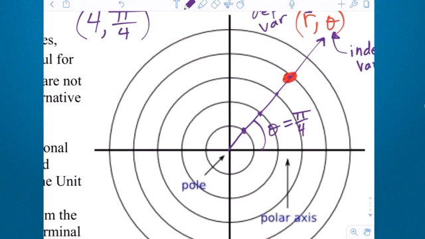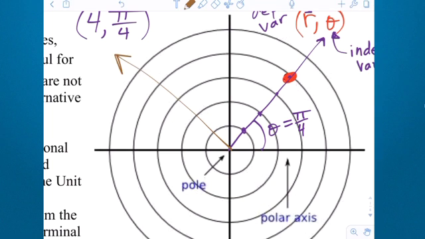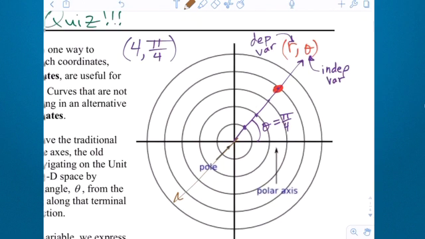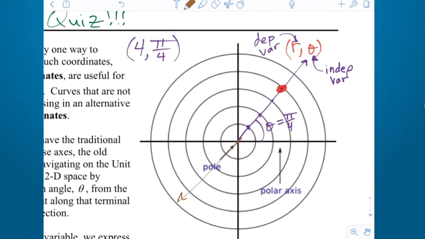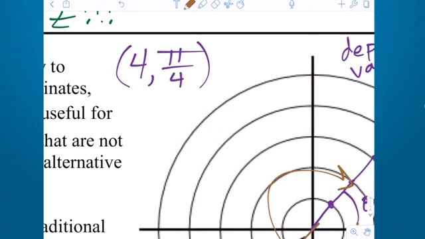Good. 3 pi fourths. 3 pi fourths is going to put me over here. Now, I have to be at least on the same terminal ray that would extend through. So let's do the negative version first. If I want to get to the same terminal ray, I could rotate clockwise, not pi fourths, but negative 7 pi fourths.